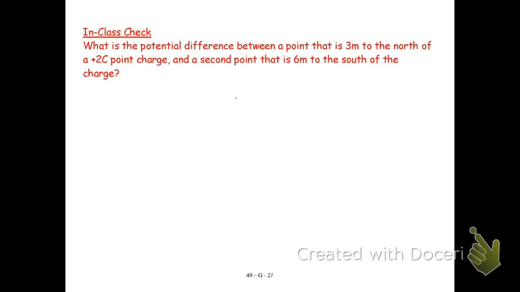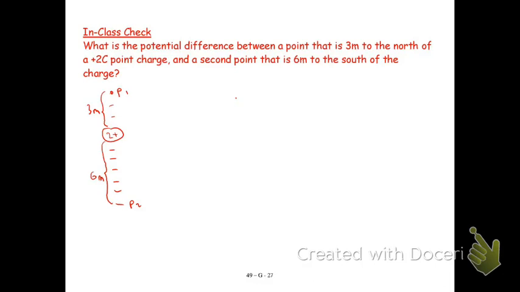What is the potential difference between two points? A point that is 3 meters to the north of a 2 coulomb positive charge, and a point that is 6 meters to the south. So what do I say?